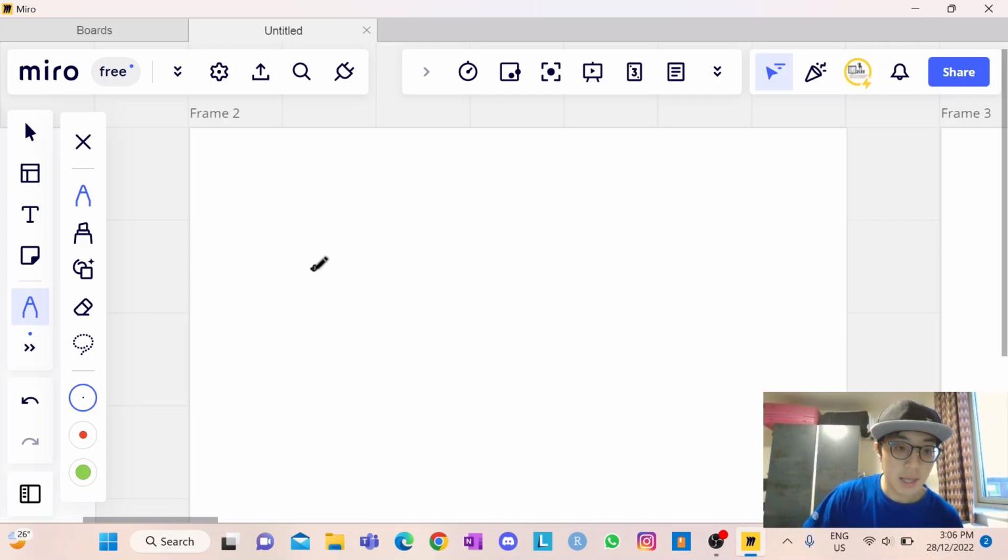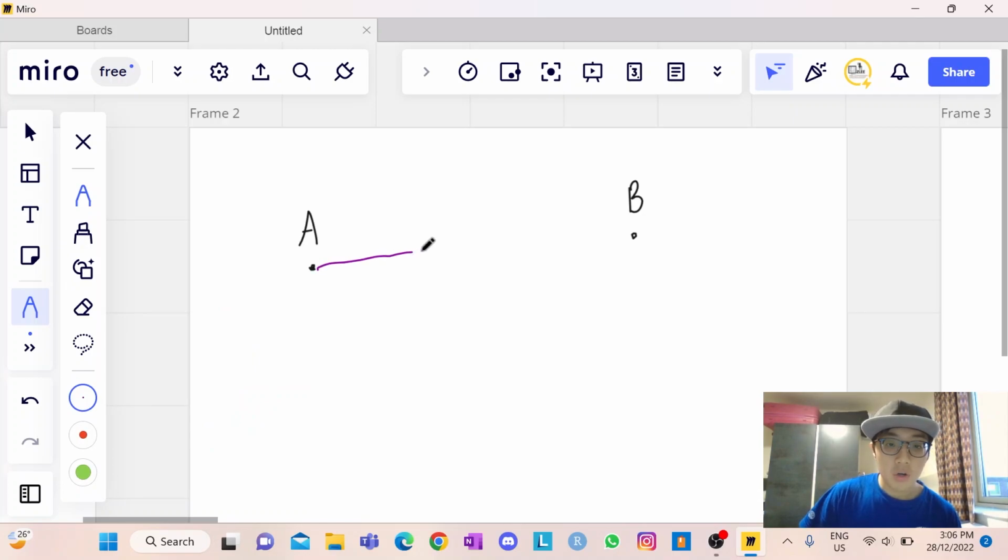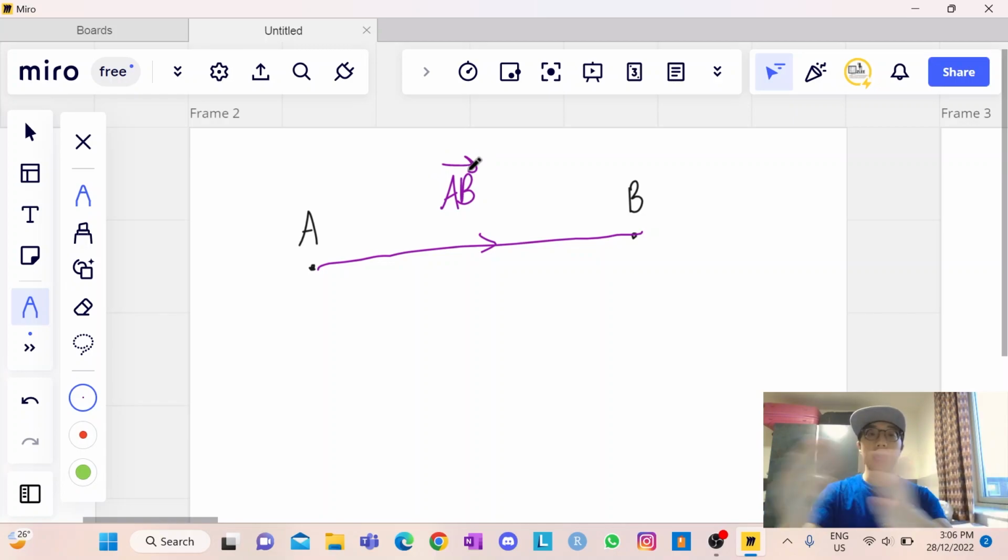You are currently at A, and you are gonna reach the destination B. So from A you walk all the way to B. We will denote this as AB with an arrow. So what this means is you go from A and your destination is B, and the arrow means from A to B.